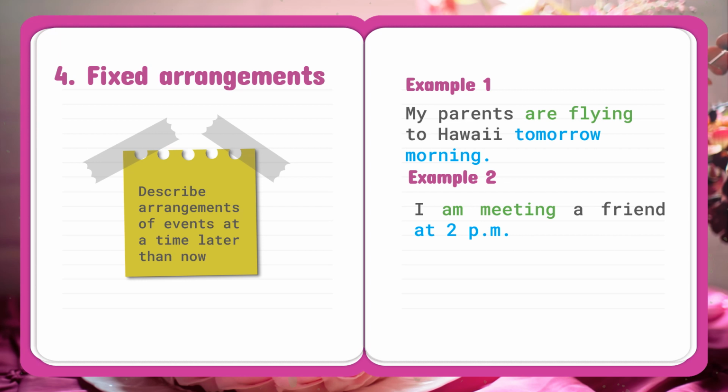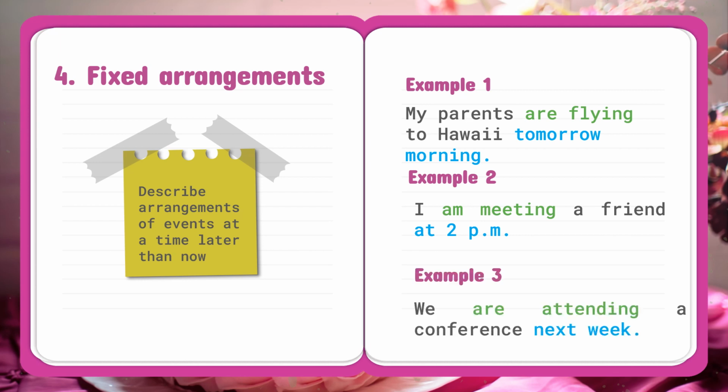I am meeting a friend at 2 p.m. What are you doing at 2 p.m.? Meeting a friend. You have already planned for that. Example number three. We are attending a conference next week. What are you doing next week? Attending a conference. Now, will these actions take place in the present or in the future? In the future, but we use the present continuous. Is it clear? Okay, great.